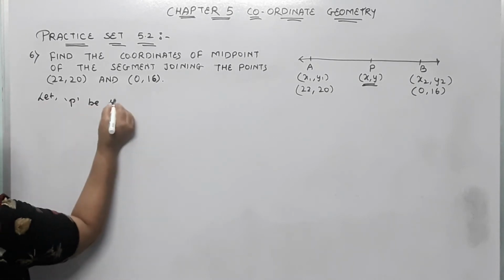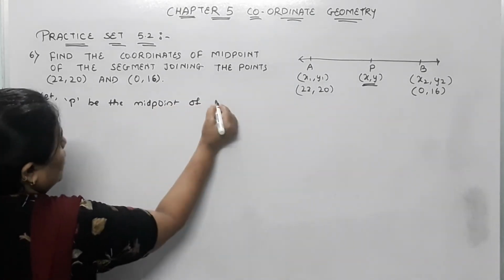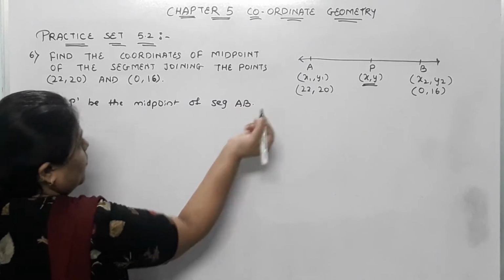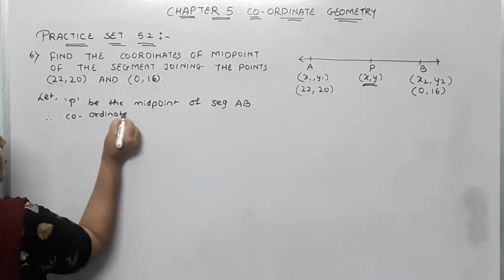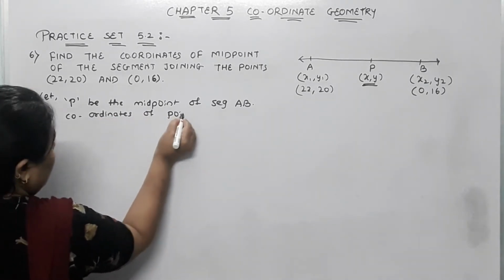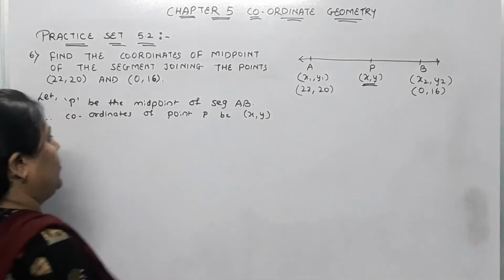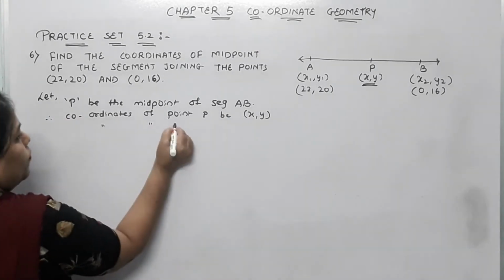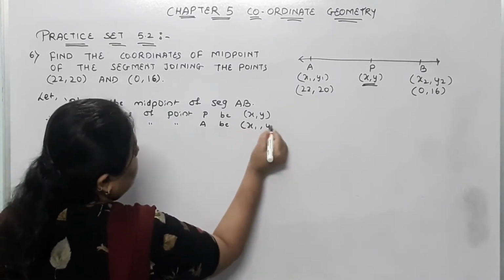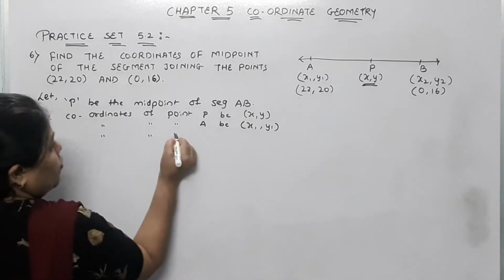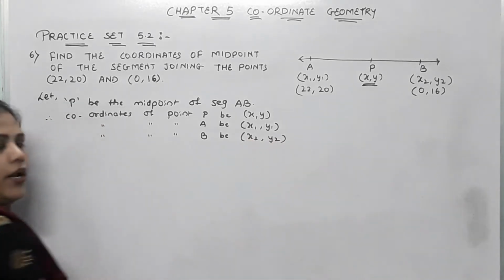Let P be the midpoint of seg AB. Therefore, coordinates of point P be x and y. Coordinates of point A be x1, y1, and coordinates of point B be x2, y2, right?